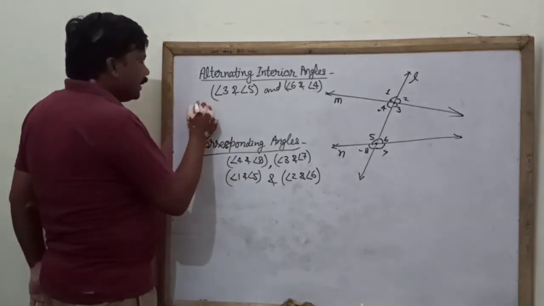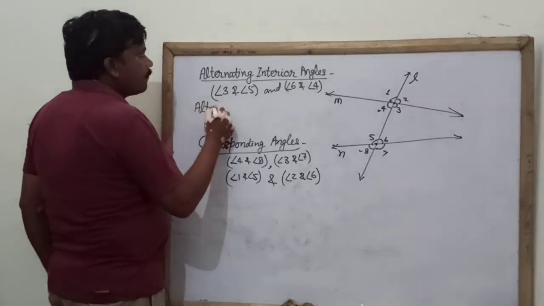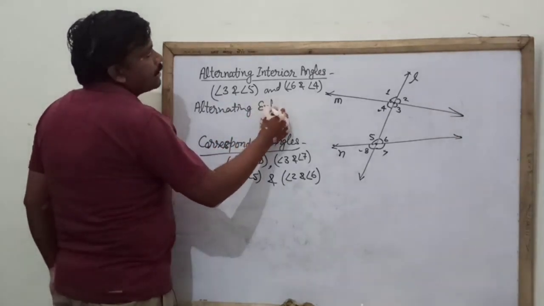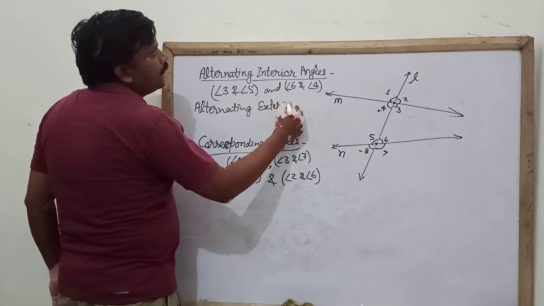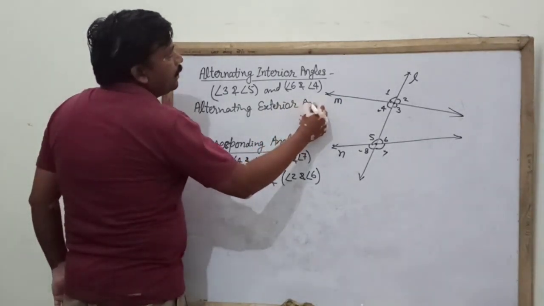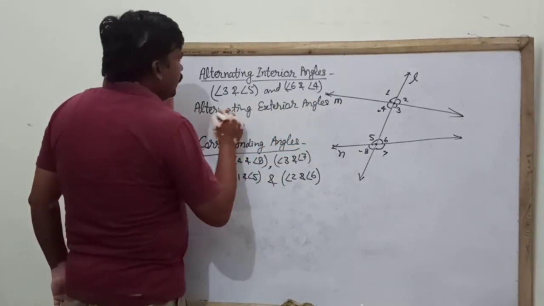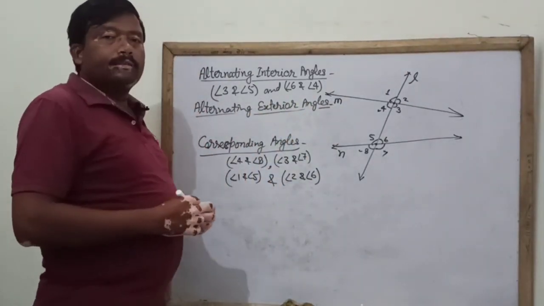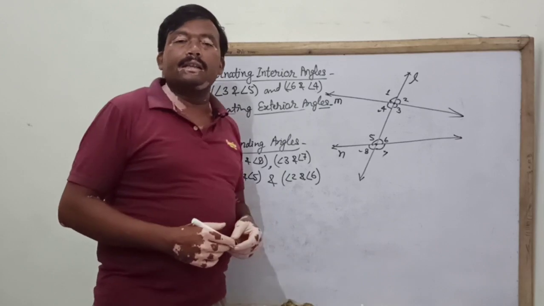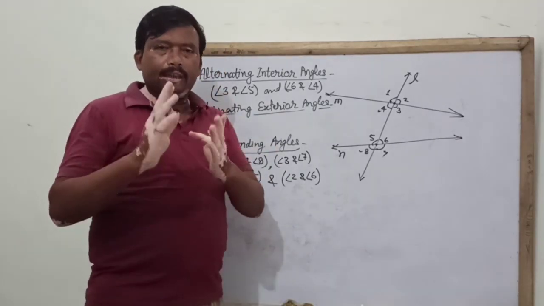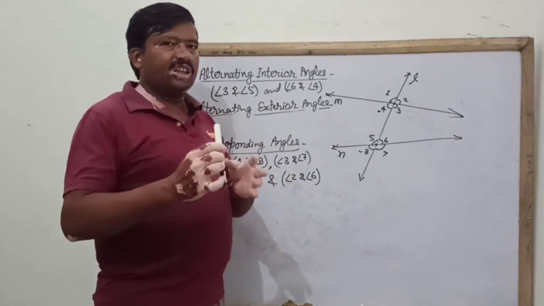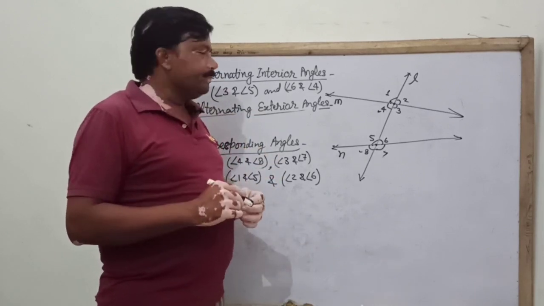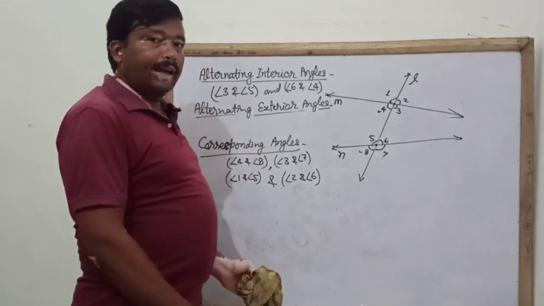Now next, alternating exterior angles. Can you tell me? Write down the pairs of exterior angles, the alternating exterior angles, in your notebook, and after that check whether your answer is right or wrong.